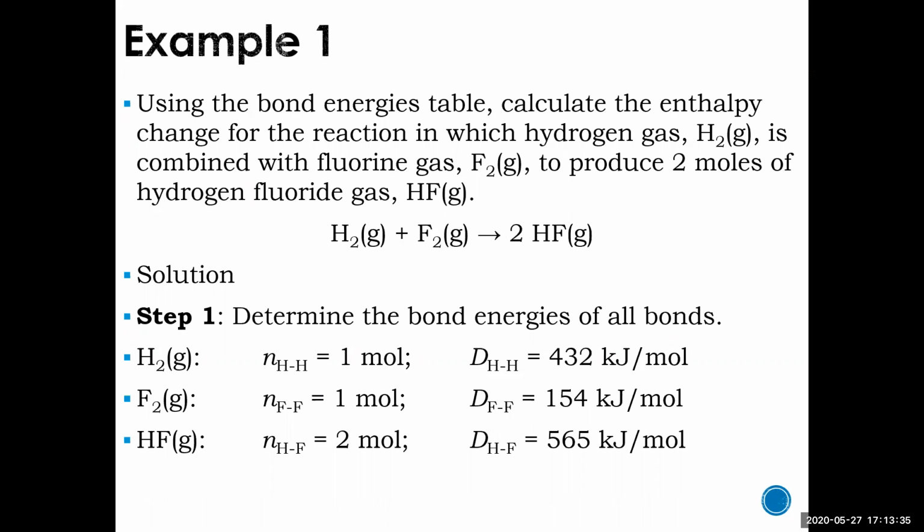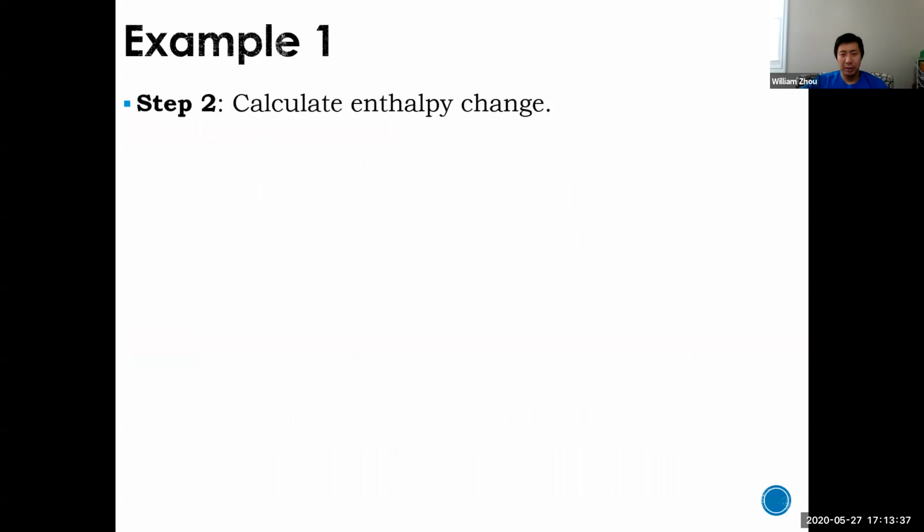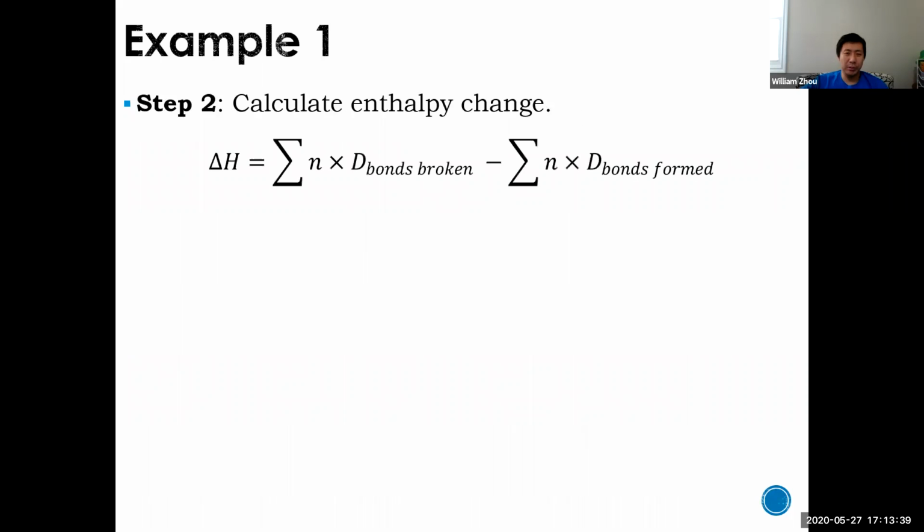So now you have all of these numbers. You can calculate enthalpy using this equation: the sum of all the bonds broken minus the sum of all the bonds formed. So, all the bonds broken first. nD plus nD. Now, why are there 2 of them?